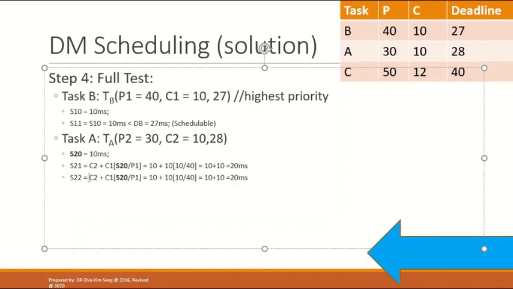This one is still the same, but this one refers to the previous one, S21, which just now we had 20, am I correct? Everything is the same. Rounding up, this one you get 0.25, this one you get 0.5, rounding up you still get the same amount. This is equal to S21, which means equal to the previous one, so you can stop here.